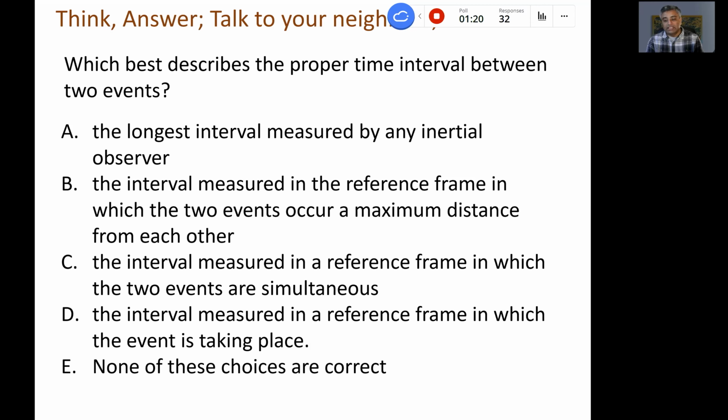Oh, we have only 10 seconds. And 5 seconds. 5, 4, 3, 2, 1, and it stops.